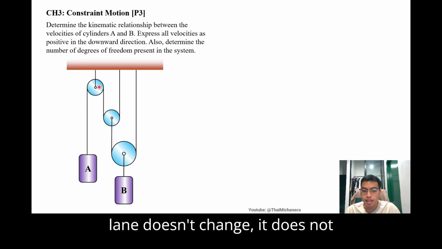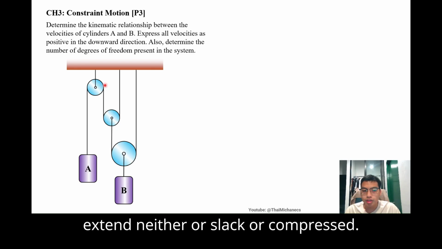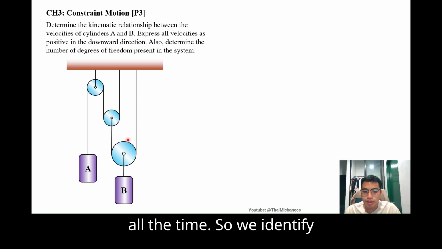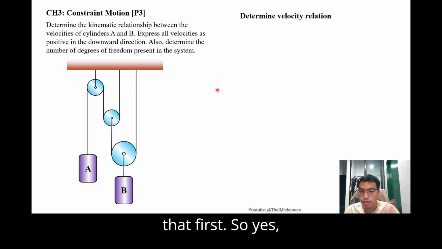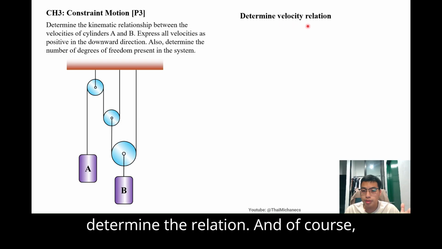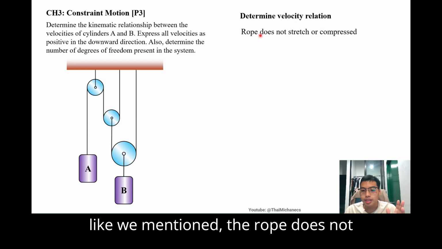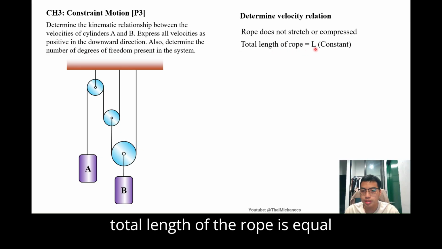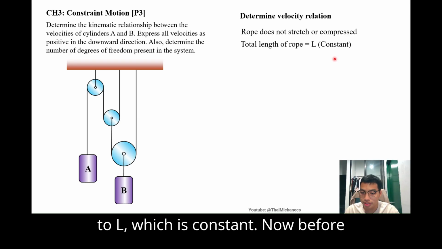It does not extend, slack, or compress, so the length is constant at all times. So we identify that first. The point of this work is to determine the velocity relation. And of course, like we mentioned, the rope does not stretch or compress, so the total length of the rope is equal to L, which is constant.